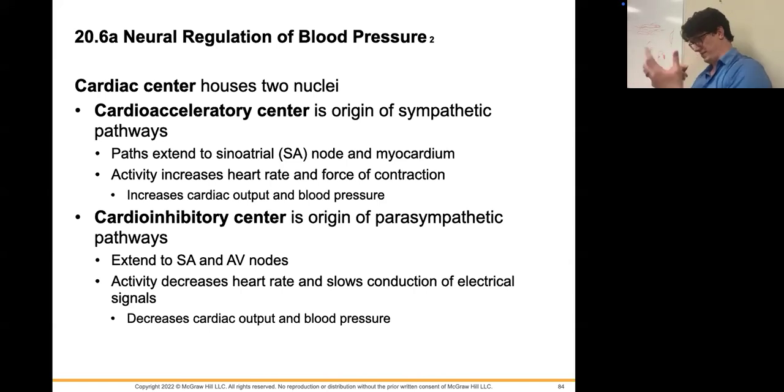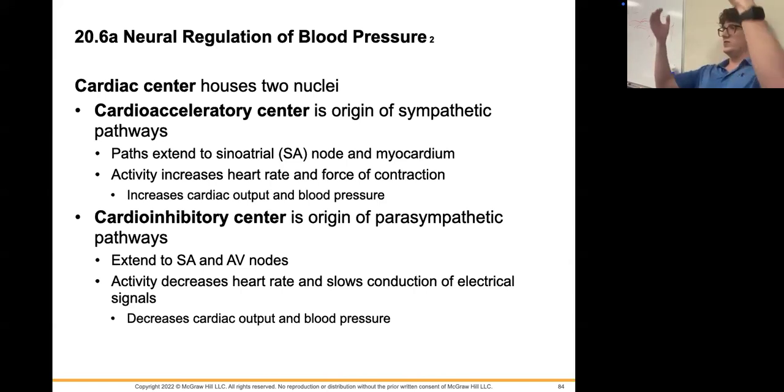Or on the opposite side of things, say you eat some really nice quesadillas and you're going to sit down and watch a soccer match. You don't need to be all that active. So what are you going to do? You're going to slow down. Heart rate slows down, everything slows down. You get more blood flow down here to digest all of the lovely quesadillas. And then you're relaxed. So we use the cardio inhibitory center to bring everything back down.